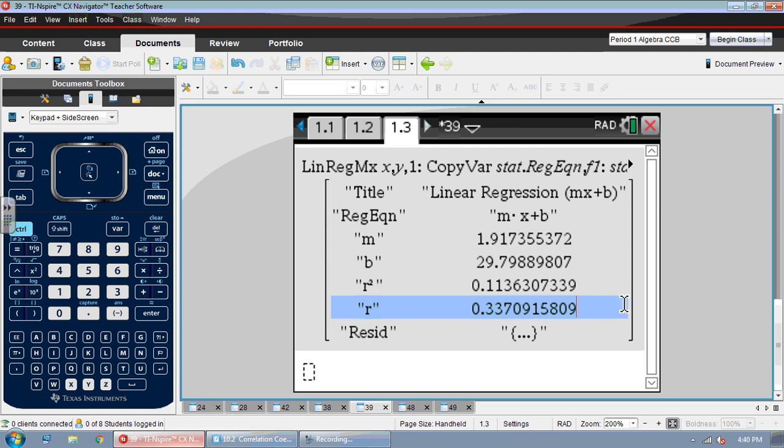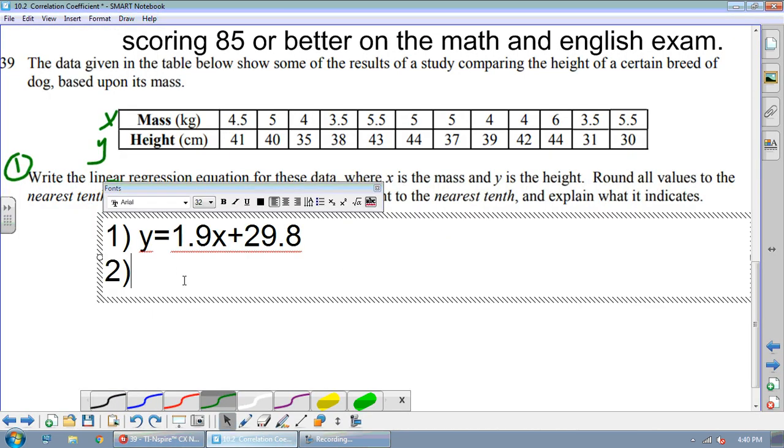It wants it to the nearest tenth, 1 decimal place. So after the decimal point is a 3, and then another 3. We are not going to round up the first 3, so it's going to stay 0.3. So we'll say our correlation coefficient is 0.3.